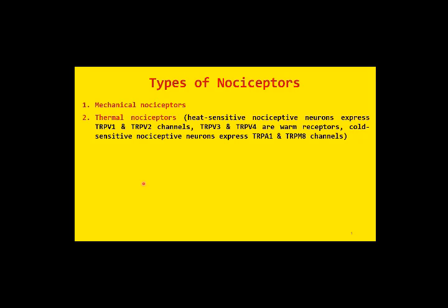The thing to remember is that there is some overlapping between thermoreceptors and pain receptors.